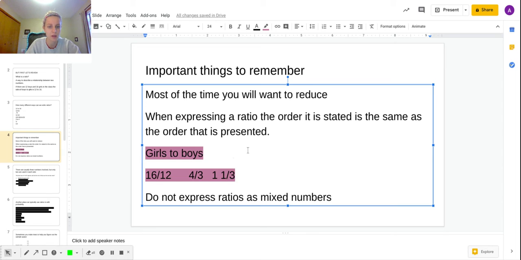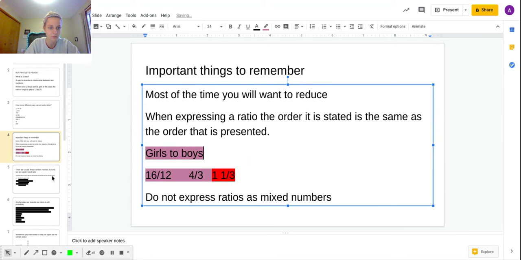So you need to keep it as an improper fraction at that point, or keep it as something with a colon or something with "to." Don't do this. This is bad.